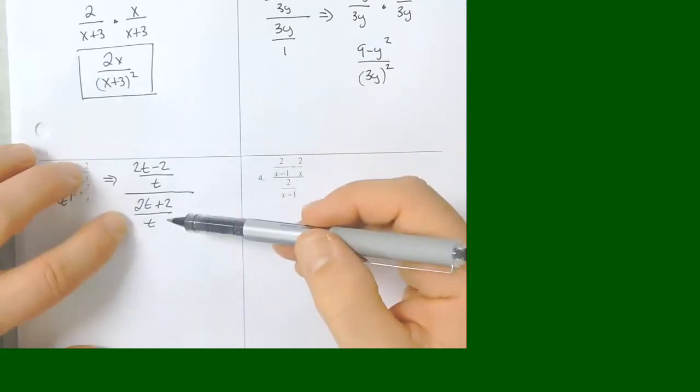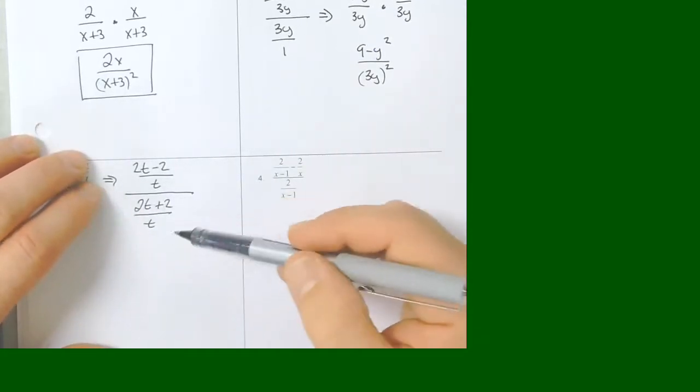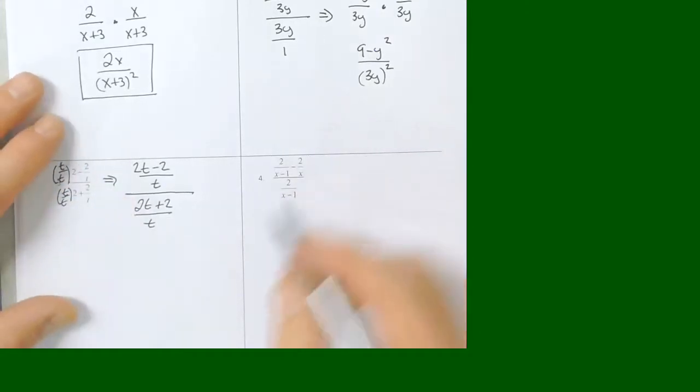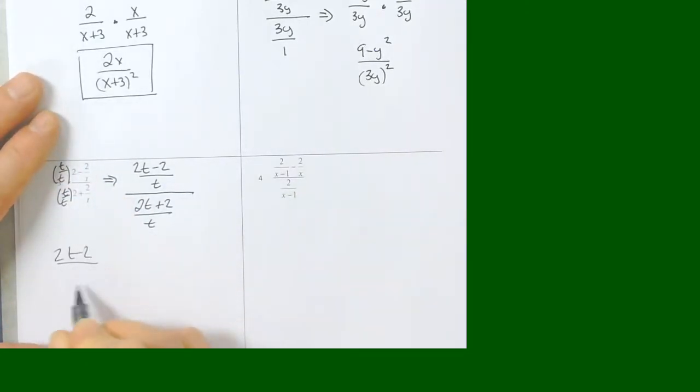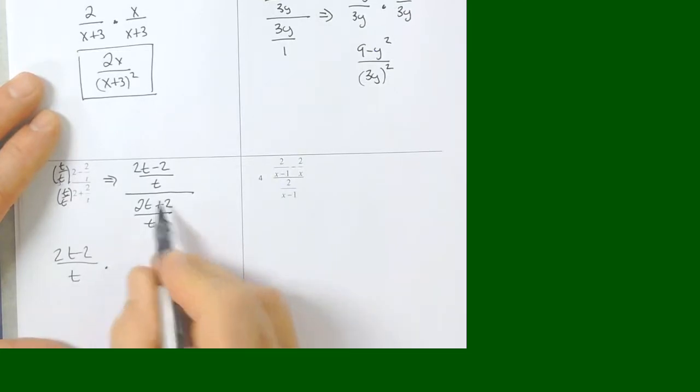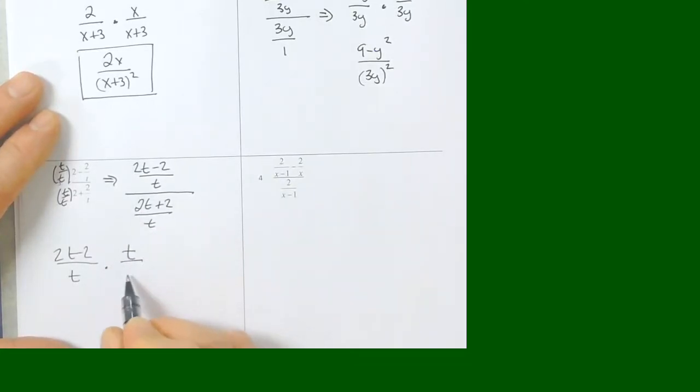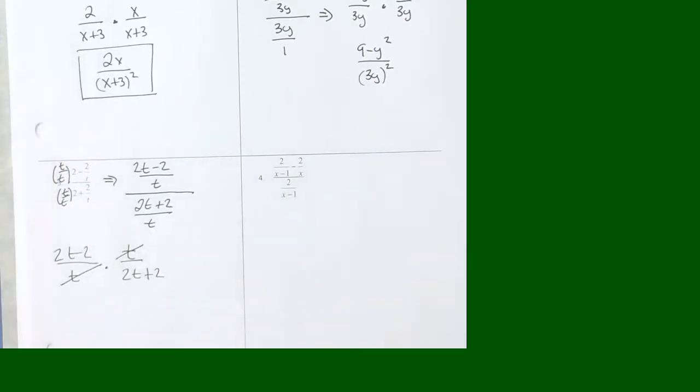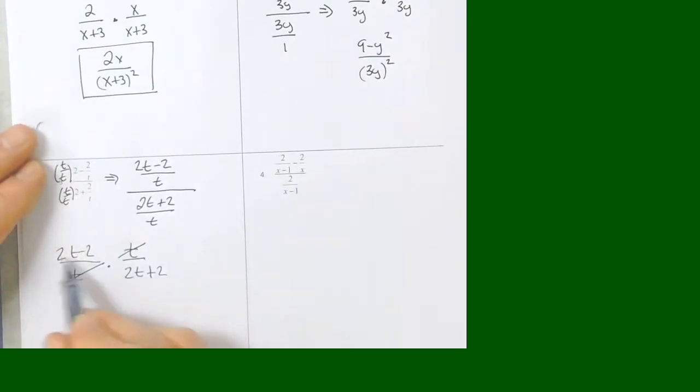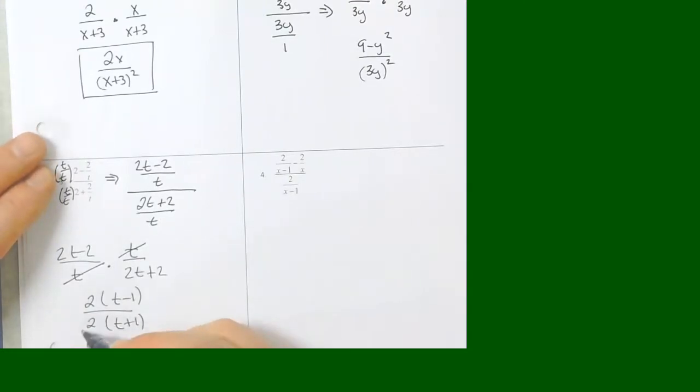Instead of dividing, I'll multiply by the reciprocal of the denominator. So I'll have 2t minus 2 over t times the reciprocal, t over 2t plus 2. Those t's cancel out. 2t minus 2 factors to 2 times t minus 1. 2t plus 2 factors to 2 times t plus 1. Those 2s cancel. T minus 1 over t plus 1.